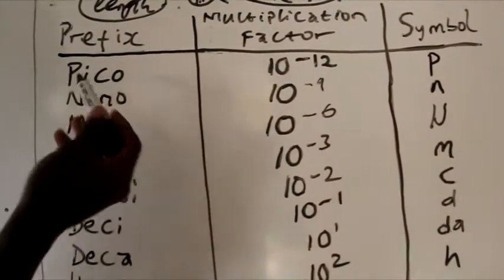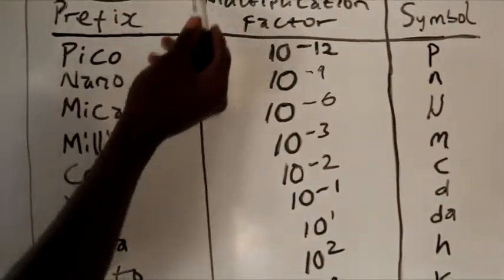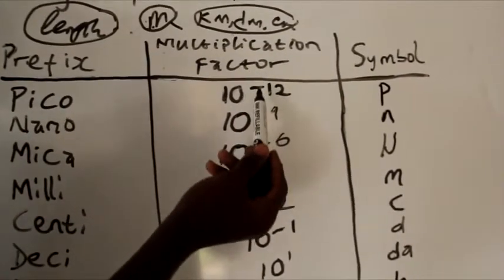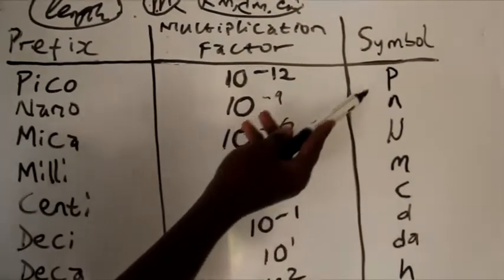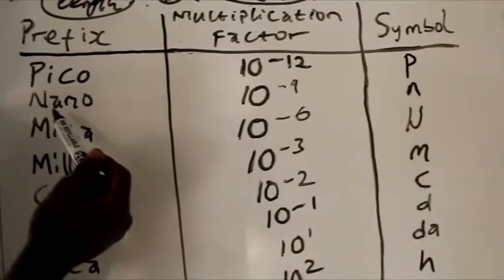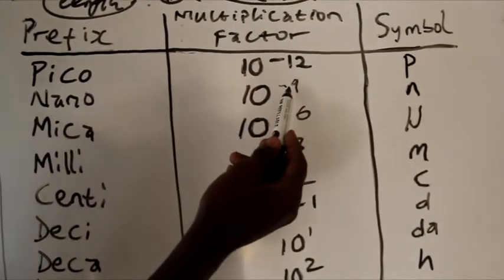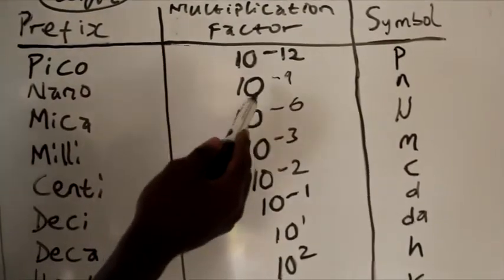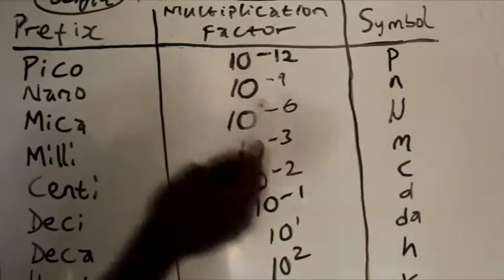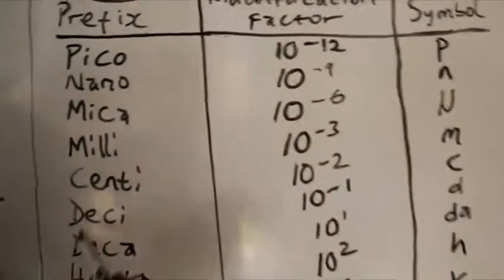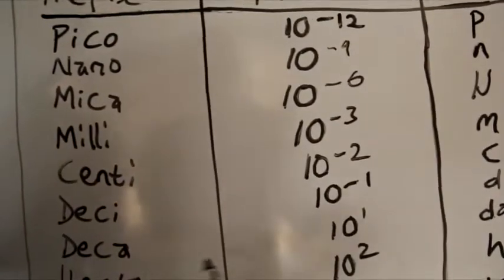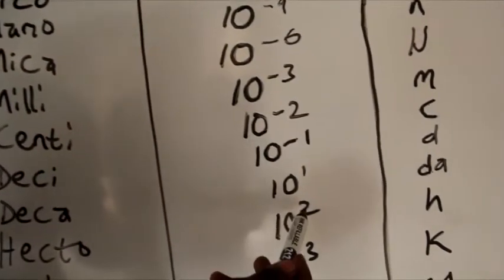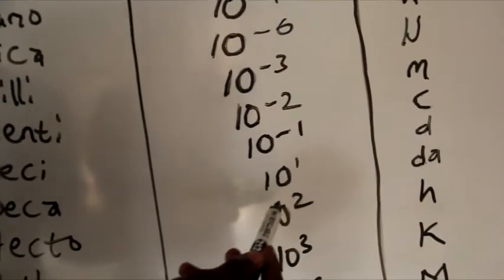So the relationship between pico and meter is 10 raised to the power of negative 12, and this is the symbol. For nano it is 10 raised to the power of negative 9 of a meter. Micro is 10 raised to the power of negative 6 of a meter. The symbols are all here. And deca, 10 raised to the power of 2, that is 100.